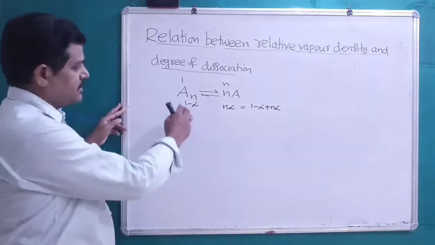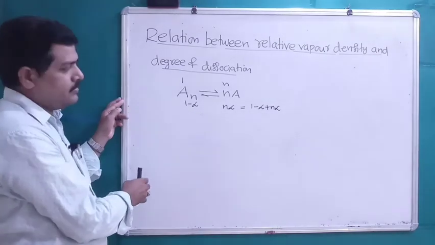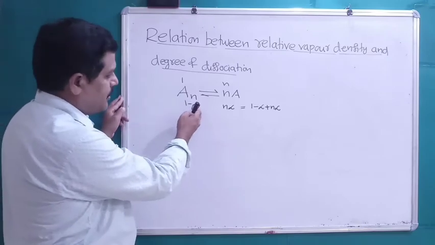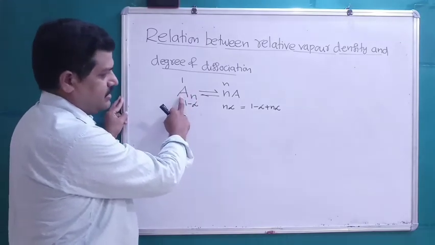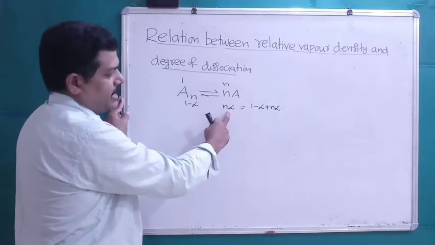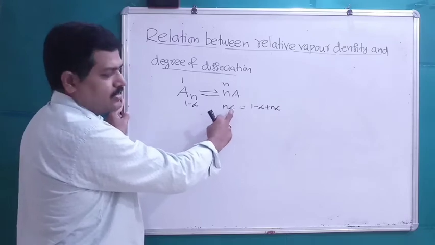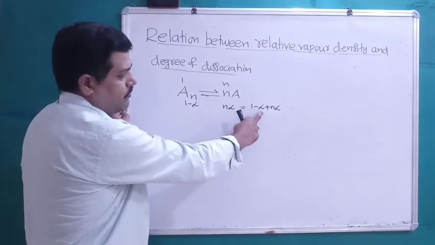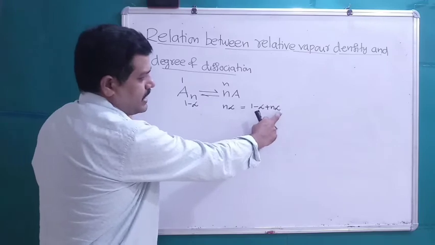Dear students, at equilibrium condition, 1 minus alpha moles of AN are present and n alpha moles of A are present. Total number of moles is 1 minus alpha plus n alpha.